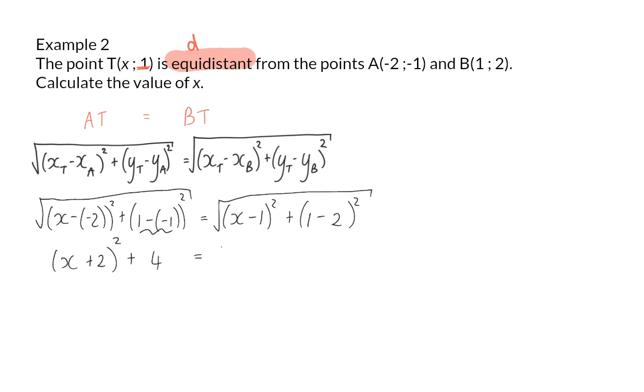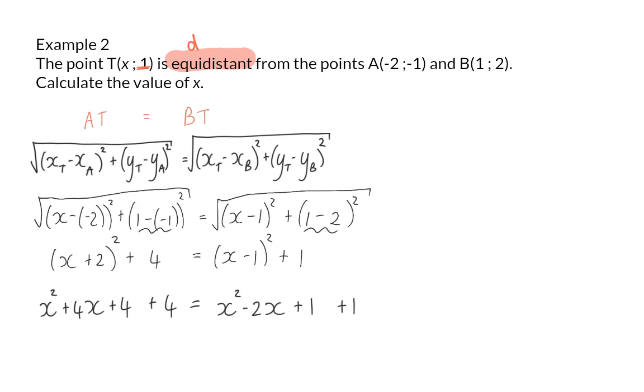On the right, we have the bracket (x - 1) squared, and then we have -1, which squared will be plus 1. Next, we have to square the bracket on each side, and after that, we can now get all the x's to one side. So we'll have x squared plus 4x minus x squared and plus 2x.